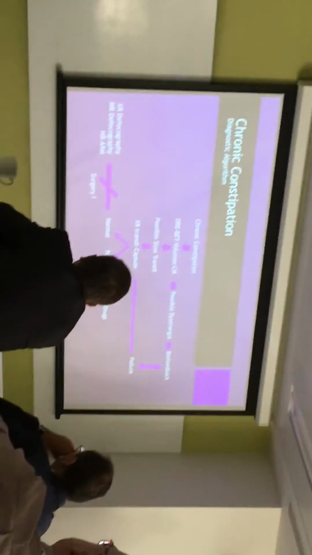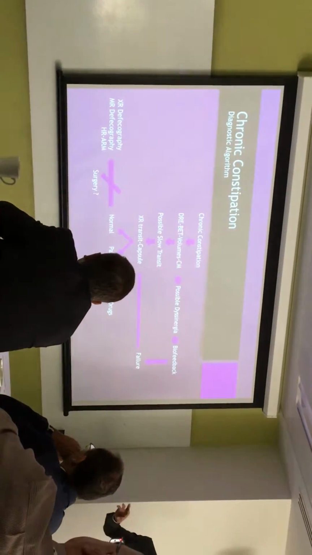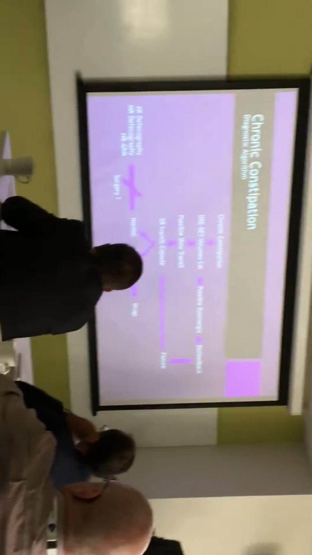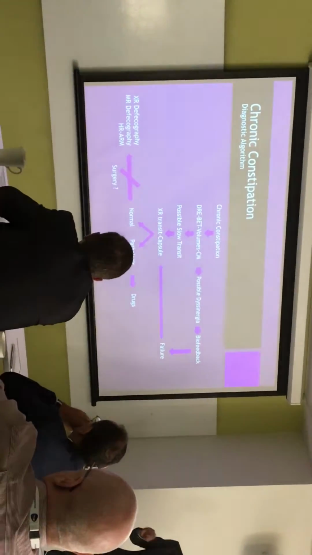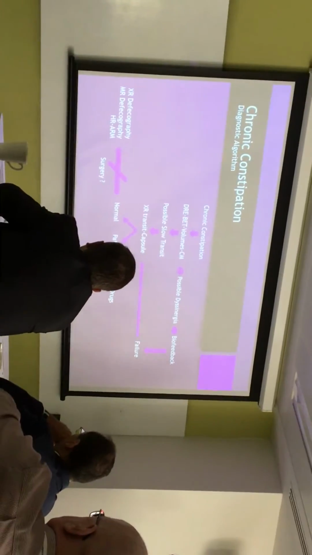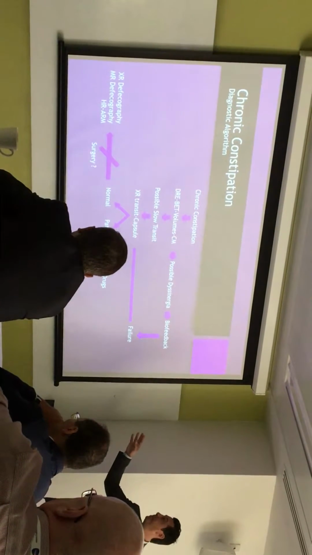So if we want to draw a diagnostic algorithm in chronic constipation, starting from a patient suffering from chronic constipation, the very first thing we should do is a digital rectal examination and a balloon expulsion test, checking the volumes, or even better, a clinical manometer. Now, in case of possible dyssynergia, quite obvious dyssynergia, then send the patient to conservative measures and biofeedback.